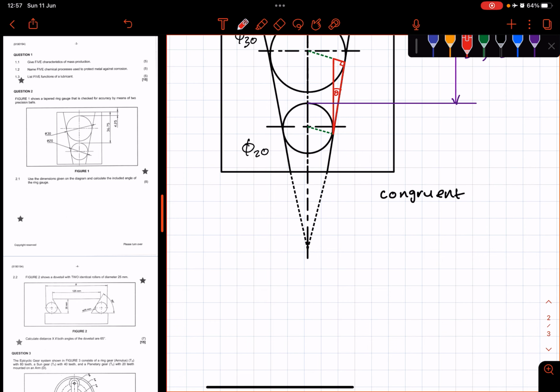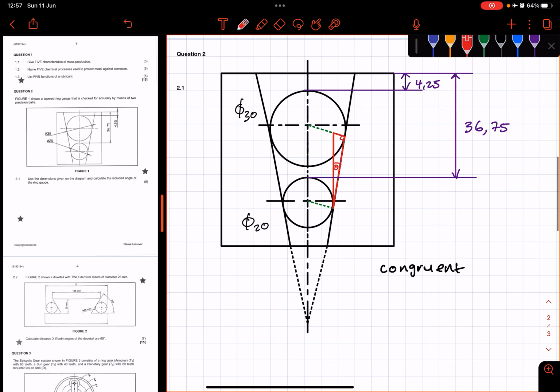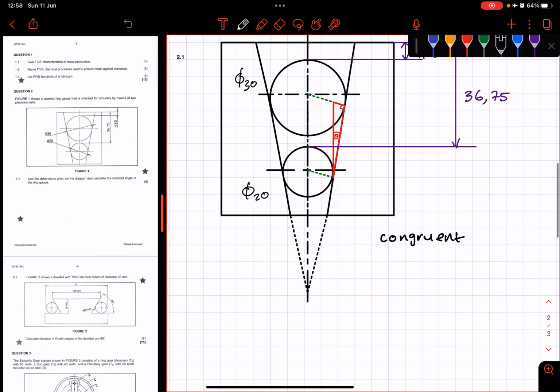Now what condition of congruency does this fulfill? Once you've extended the 2 tapers such that they meet at a common point, we get this huge triangle. The condition of congruency that gets fulfilled here is one of side angle side.